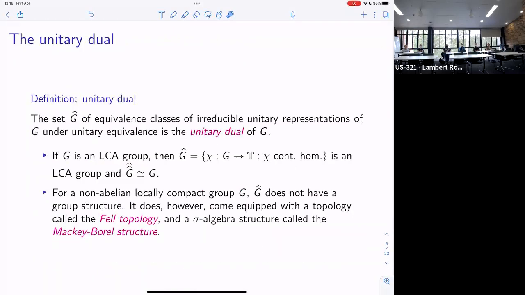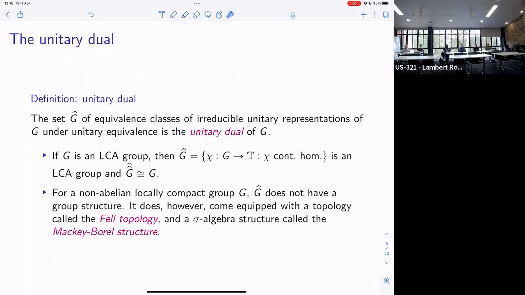And then using these two definitions, we can define what we call the unitary dual of our group G. The unitary dual is the set of all equivalence classes of irreducible representations under unitary equivalence. And we usually identify an equivalence class in the set with just a representative of the equivalence class. So we usually talk about the unitary dual as just the set of irreducible unitary representations up to equivalence.